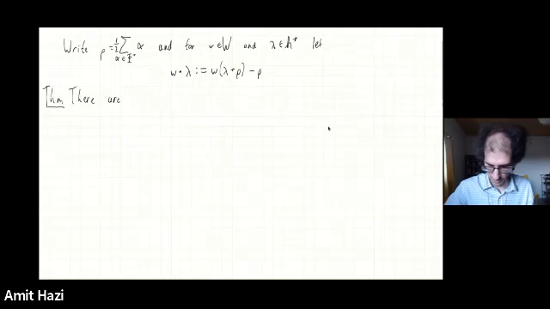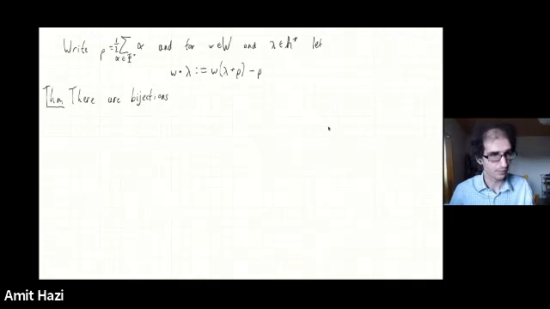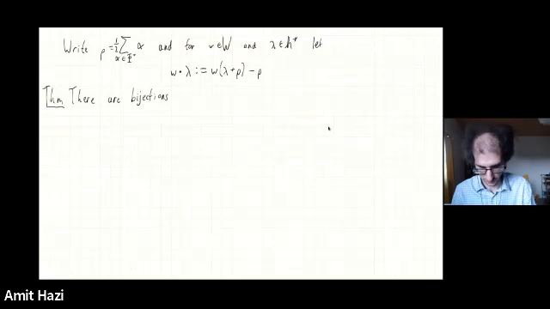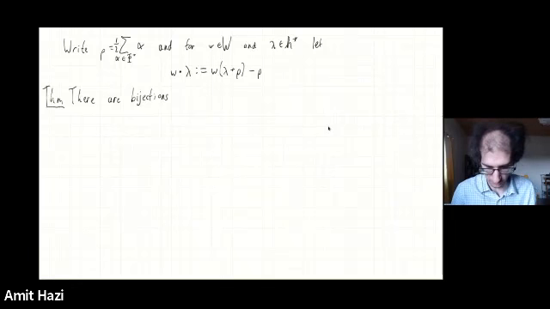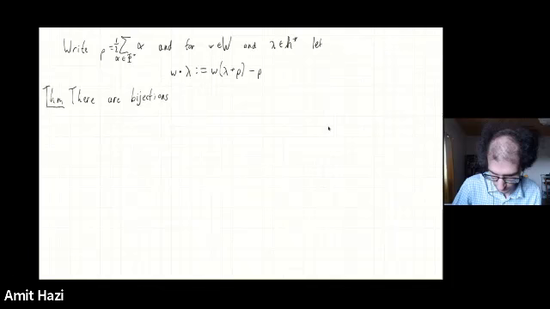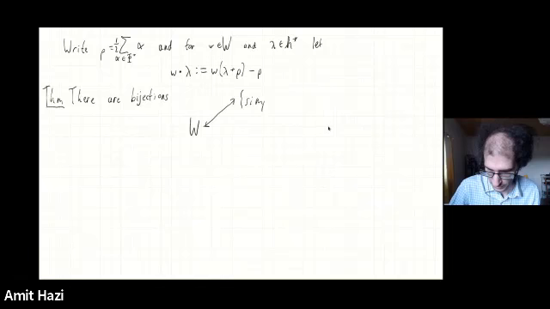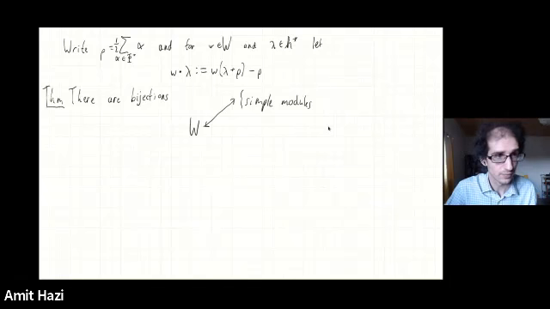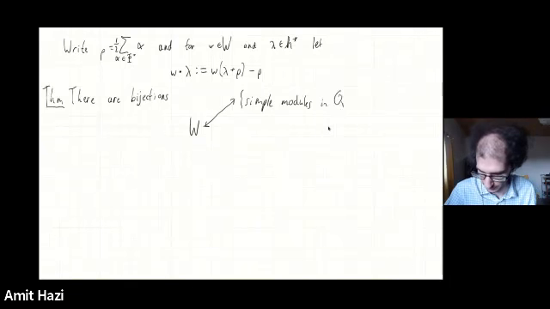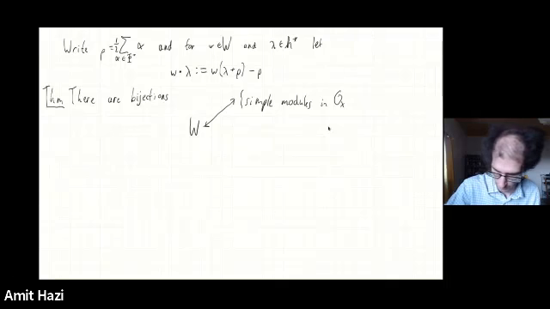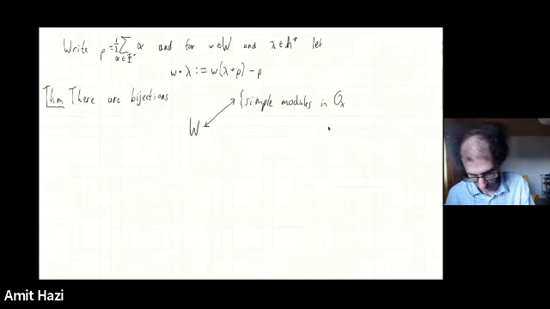So in general, there are three bijections, which go from W, the Weyl group, to, well, first, simple modules in O lambda. Sorry, that doesn't look like a lambda.